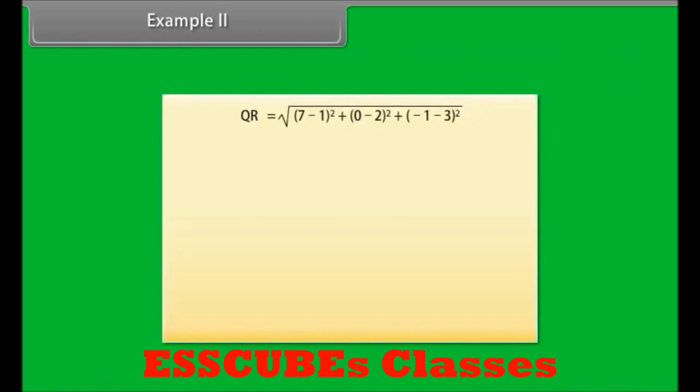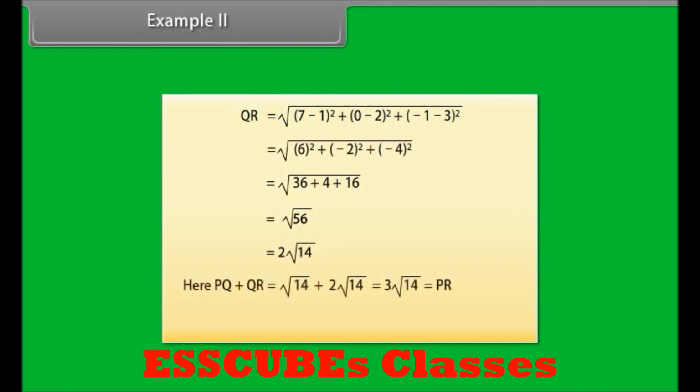QR = square root of (7 - 1)² + (0 - 2)² + (-1 - 3)². After calculating QR, we get 2 into square root of 14.